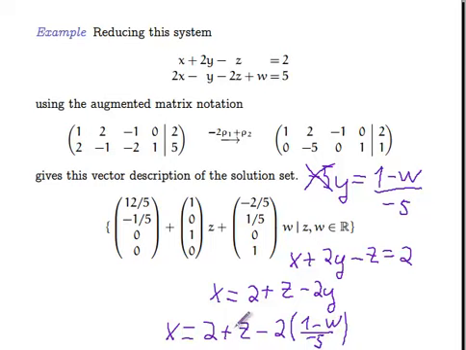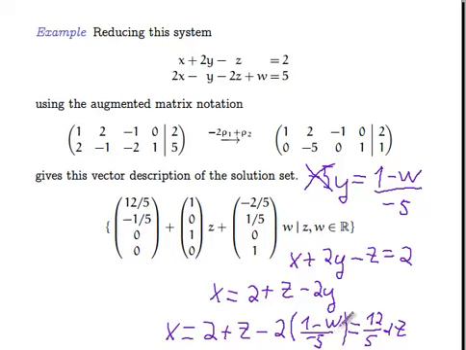If I do that simplification out, you can see that here I'm going to have a 2, and this 2 is going to be added to the constant part from this expression. Notice I have a minus 2 here and a minus 5 here, so that becomes plus 2/5. 10/5 plus 2/5 is 12/5. So it's going to give me 12/5. And then the z is multiplied by 1, so I'm going to get plus z.